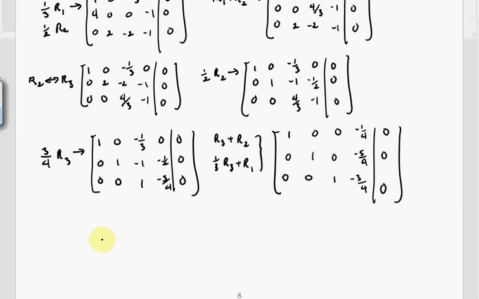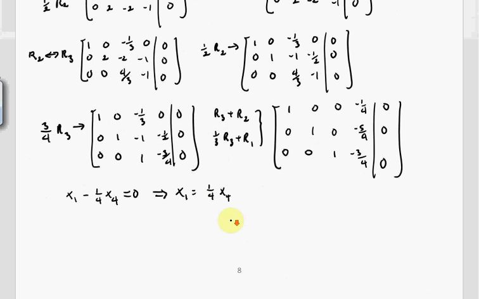So now let's see what we have. We have x sub 1 minus 1/4 x sub 4 is equal to 0, which implies that x sub 1 is equal to 1/4 x sub 4. Let's go ahead and look at the second one.